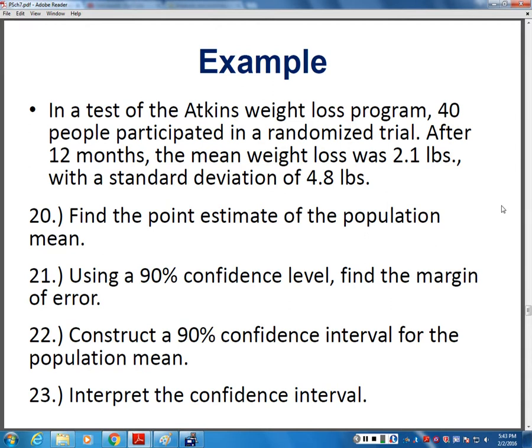Afterwards, we'll interpret it. Now notice, I'm finding a confidence interval for the population mean, but I do not know sigma. My problem mentions a standard deviation. But the way this is written, the standard deviation, 4.8 pounds, is coming from these 40 participants, not the entire population, which would be everyone who participates in Atkins.